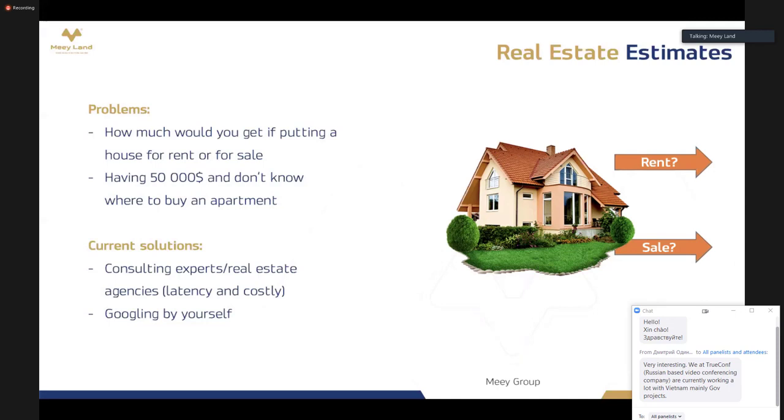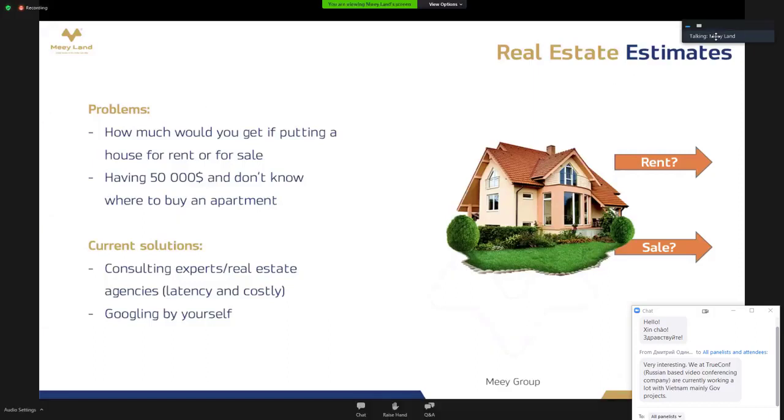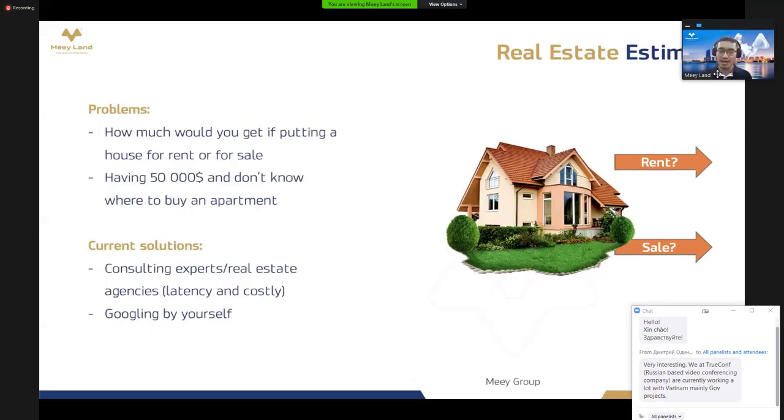Or you can Google it. Basically, in the end, you have a rough estimation of how much you can get. But doing that will cost you time. It is time consuming.